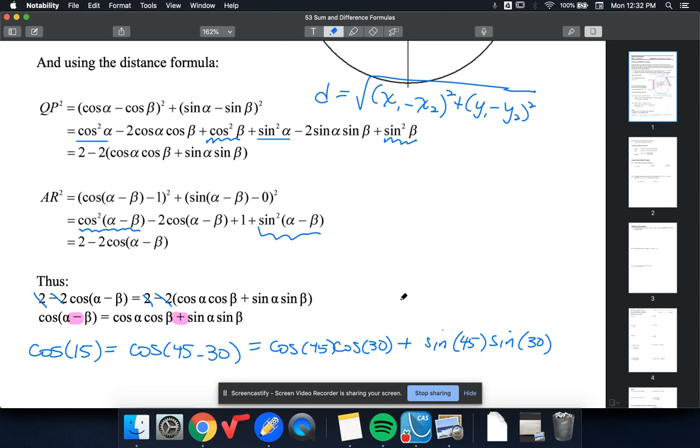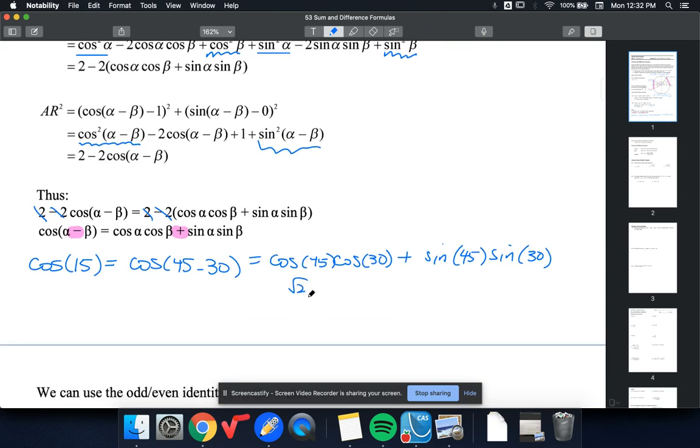You should know all of these values. This is root 2 over 2, this is root 3 over 2, I'm multiplying them. This is also root 2 over 2, and this is a half. So I get root 6 plus root 2 over 4. There's no further way to simplify that. That is my exact value.